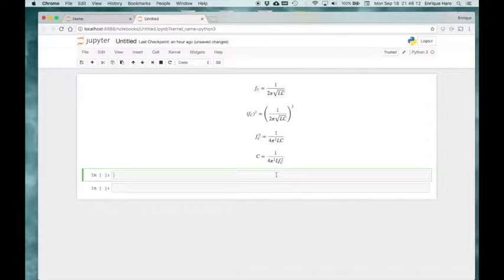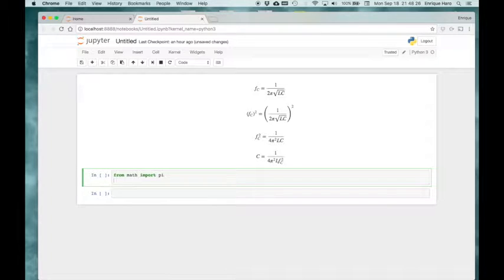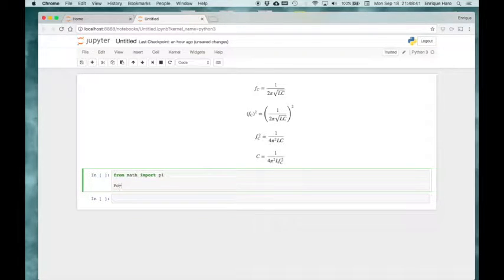Okay, and we're going to use Python as a calculator. First, we need to import, how is this? From math, import pi. Okay, and the center frequency, we know that is equal to 1 megahertz, e to the 6.